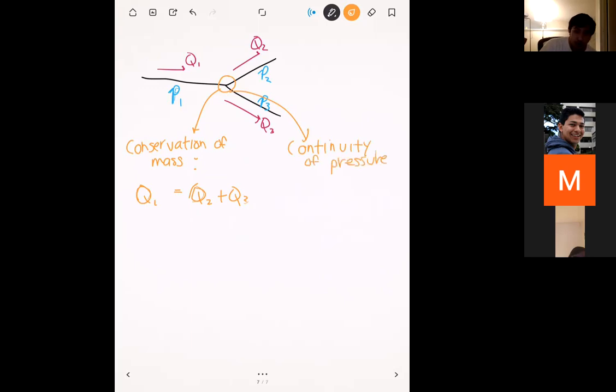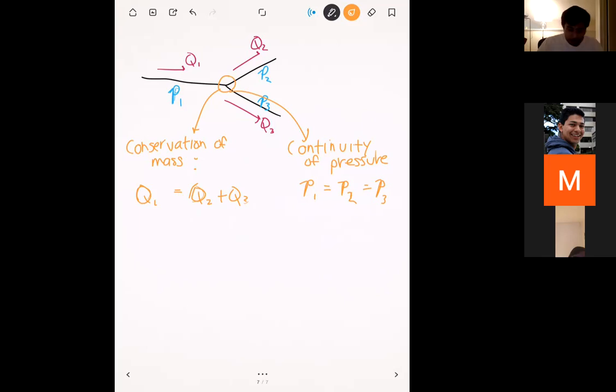And so continuity of pressure tells us that all three pressures here should be the same, right? Okay, so P1 is equal to P2, which is equal to P3, okay? And so this borrows from what we know from the LPMs. Sorry, lack of sleep.